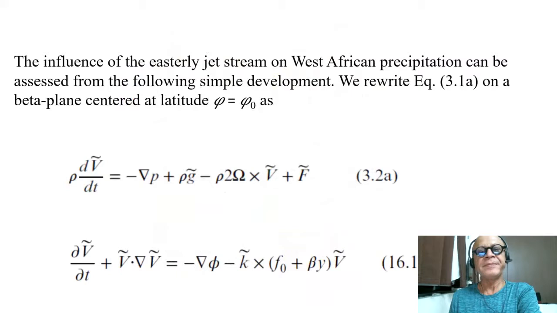Okay. To do that, we take a simple system that we had in chapter 2. We are looking at the momentum equation, the F equals ma equation, and rewriting it. So we're going to go after the influence of the easterly jet stream on the West African precipitation, and we will look at a beta plane centered on some latitude phi0 of the equator.